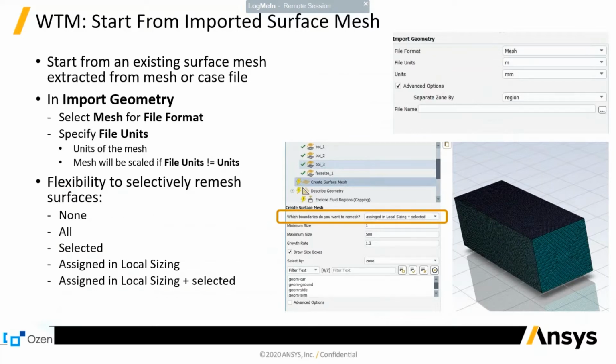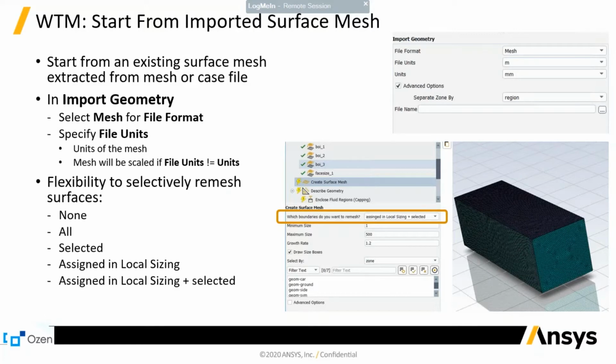One more thing which was also added to watertight meshing, which is quite convenient, is using imported geometry. Let's say you have a surface mesh, which could be a wrapped surface, or an old case file which has just a surface mesh in it, but you do not have access to the detailed geometry. You can start from there.